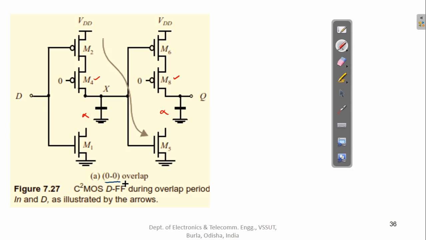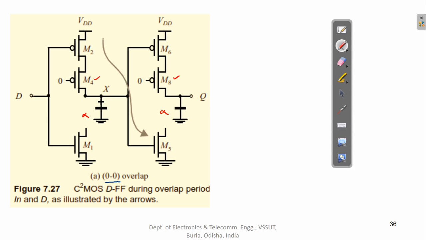So we see that neither of these stages is in transparent or hold, because one of the transistors is on. X has a chance to be connected to VDD only when this M2 is available.